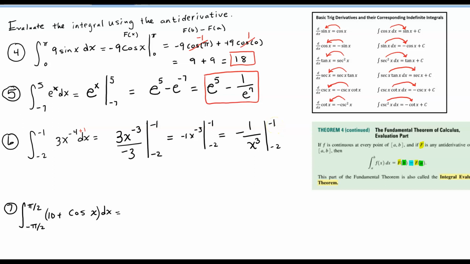And now I'm ready to evaluate or plug in. All right, so this one's not that bad. What does it look like? Negative 1 over negative 1 to the 3rd power minus another negative 1 on the top, and then a negative 2 to the 3rd power. So when I evaluate this, I end up with negative 1 over negative 1, which is a positive 1.